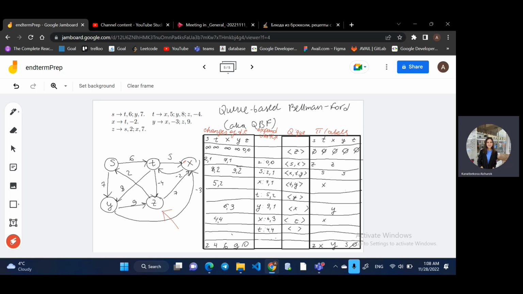We look at X, and it has only this outgoing edge.